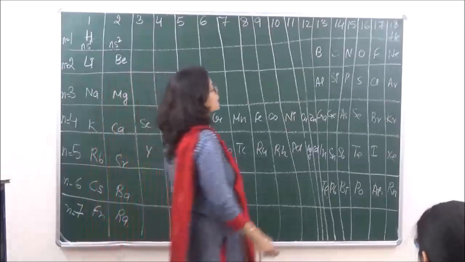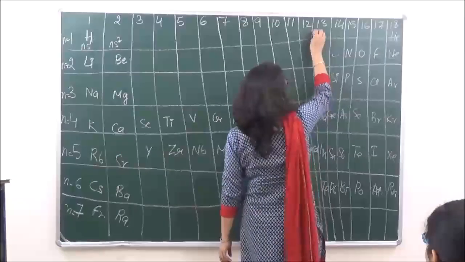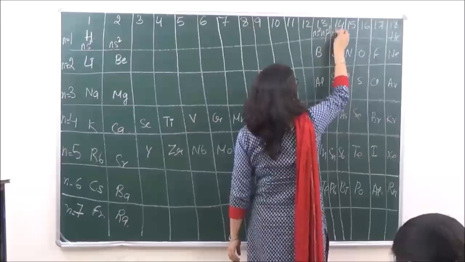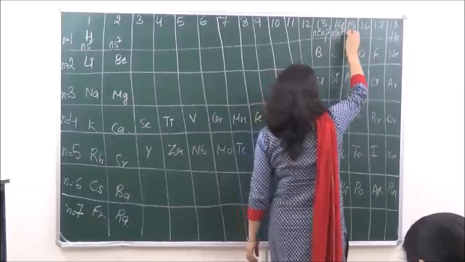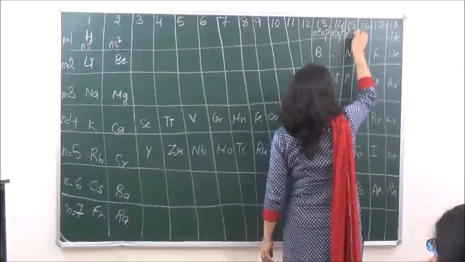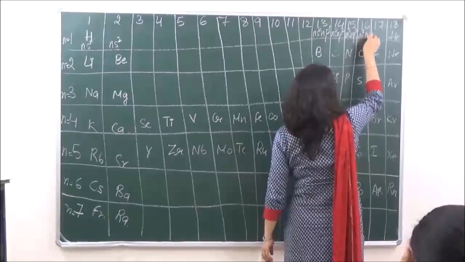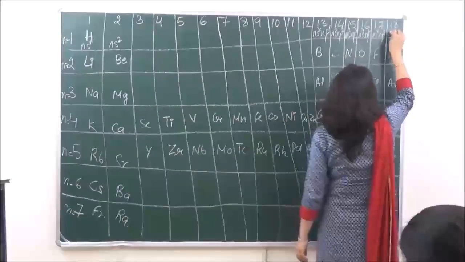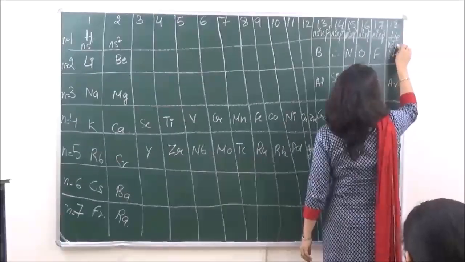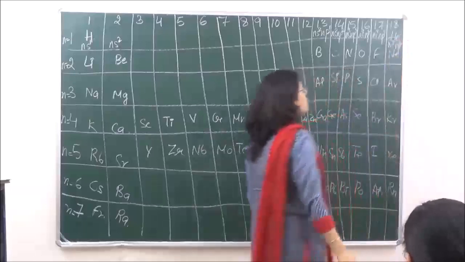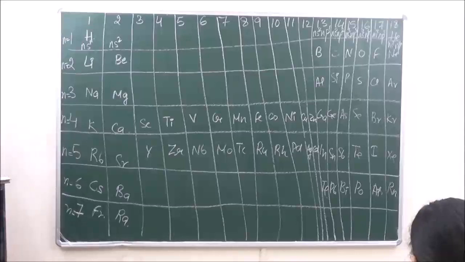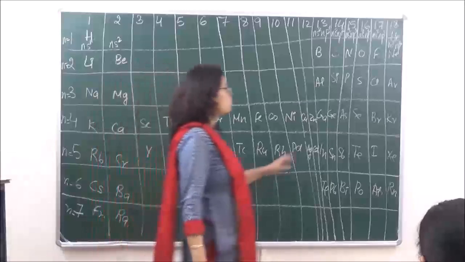Therefore, these elements are known as p block with general electronic configuration ns2 np1 for group 13, ns2 np2, ns2 np3, ns2 np4, ns2 np5 and ns2 np6. Except for helium in the 18th group which has electronic configuration only ns2. Okay, so these elements are known as p block elements.